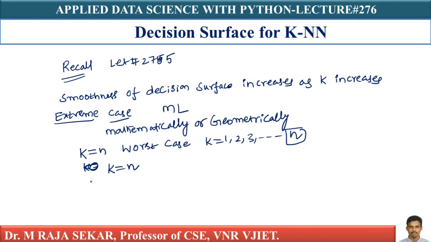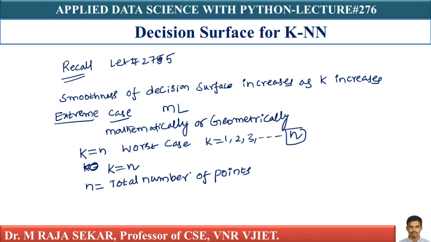What is n here? N is the total number of points. Then what happens? This is an extreme case.